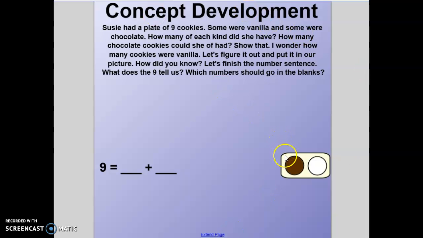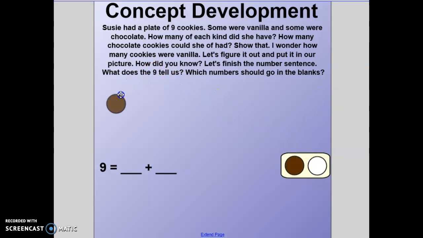Susie had a plate of 9 cookies. Some were vanilla and some were chocolate. How many of each kind did she have? Are they telling us how many of each kind she had? No, they're just telling us that she had some of each. Okay?